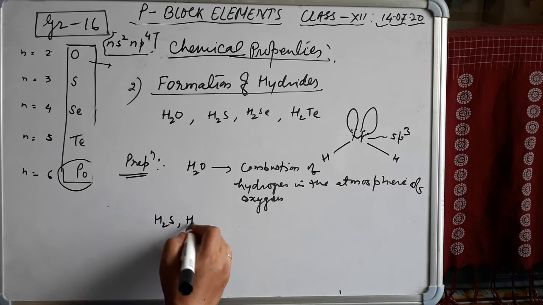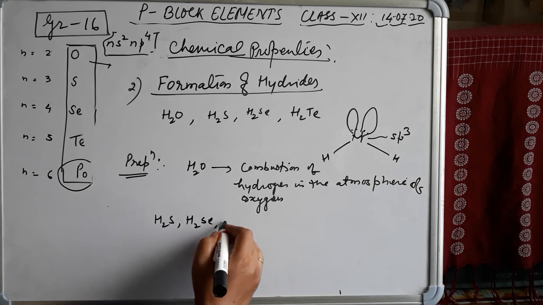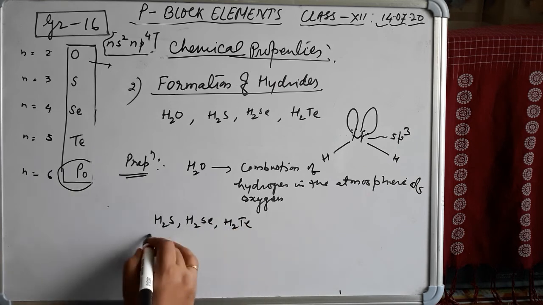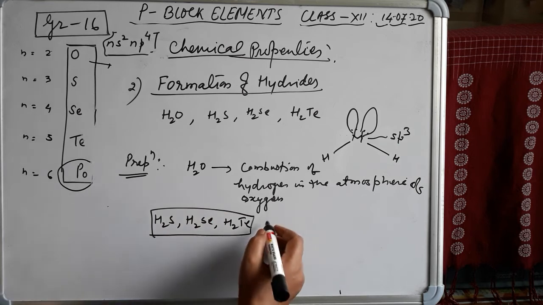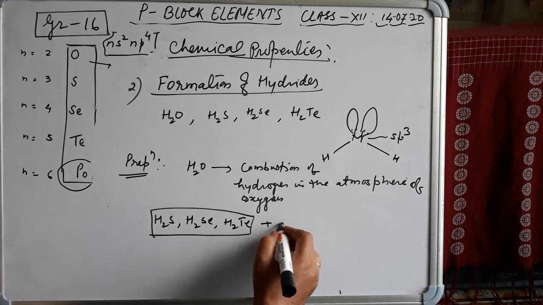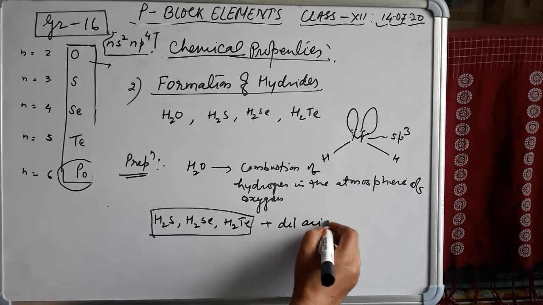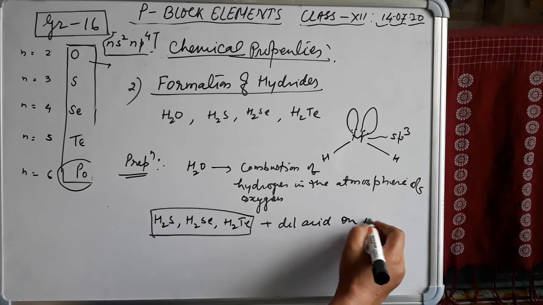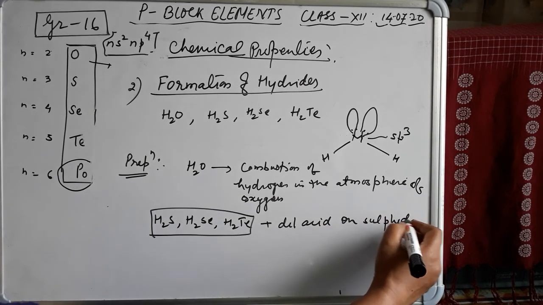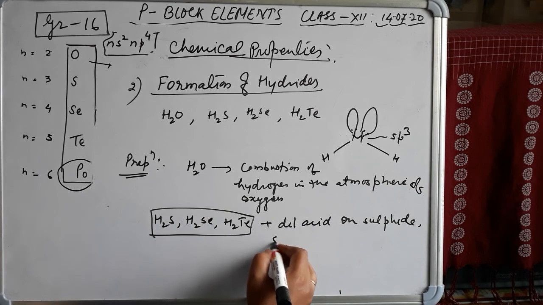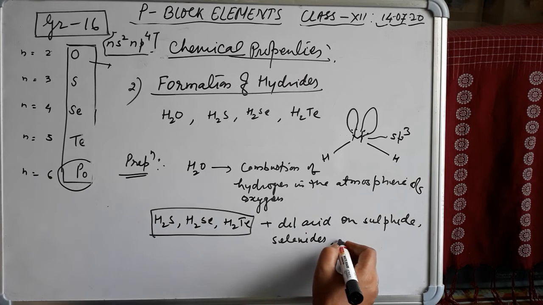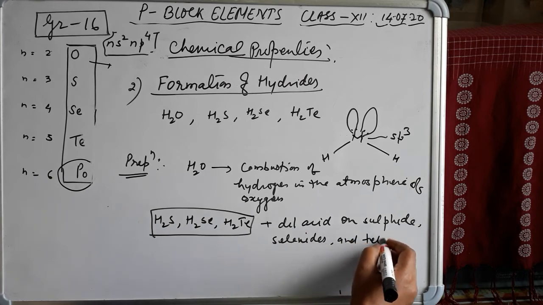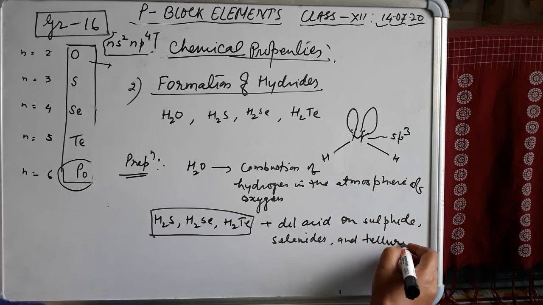All the rest of the hydrides, hydrogen sulfide, hydrides of selenium, hydrides of tellurium, can be prepared in the laboratory by the action of dilute acid on sulfides, selenides and tellurides.